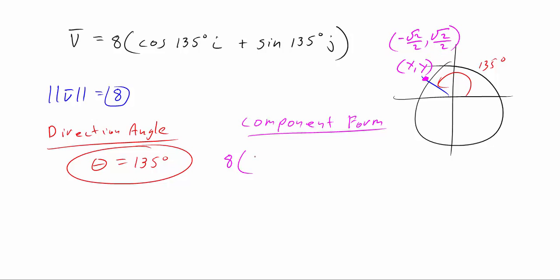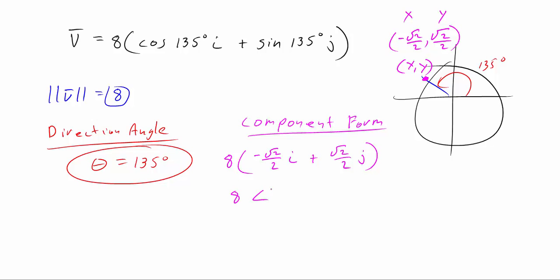So the cosine of 135 is negative square root of 2 over 2 i, plus the sine of 135, that's our y coordinate, a positive square root of 2 over 2, multiplied by j to represent the vertical component. And then we're simply going to multiply this, and we know that when we multiply here, we get negative square root of 2 over 2 i and square root of 2 over 2 j.